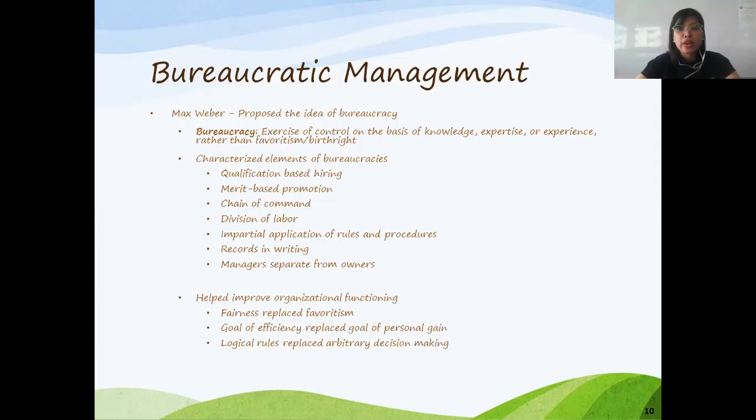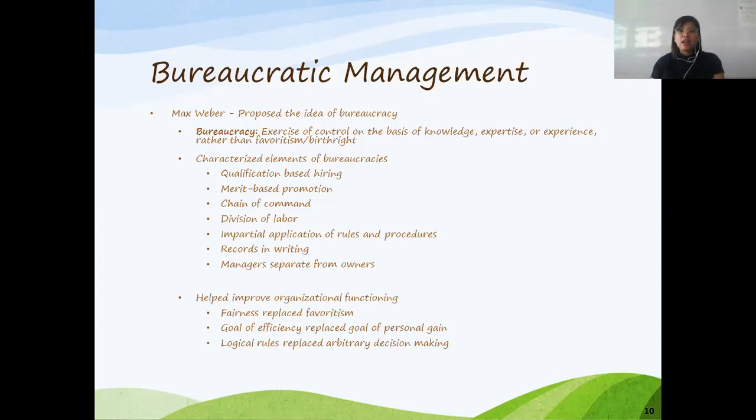So in bureaucratic management, there is the principle of fairness: he or she is qualified for this job because he is a graduate of the course. For example, he is a graduate of hospitality management, so he is entitled to work as a manager in a restaurant or a hotel, no?